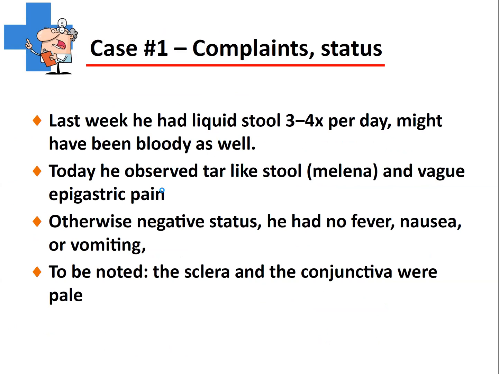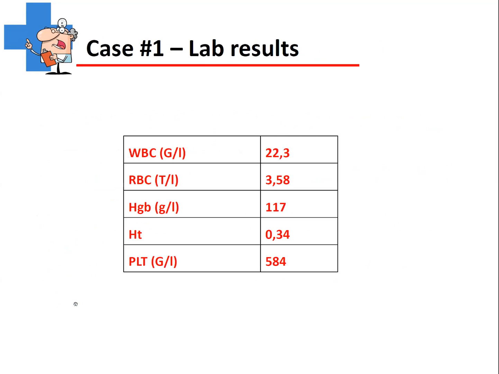Today he observed tar-like stool, meaning that the blood should come from the upper tract, melena, and vague epigastric pain. Otherwise, negative status: he had no fever, nausea, or vomiting. Notice the sclera and conjunctiva were pale, meaning anemia. So this patient had anemia.